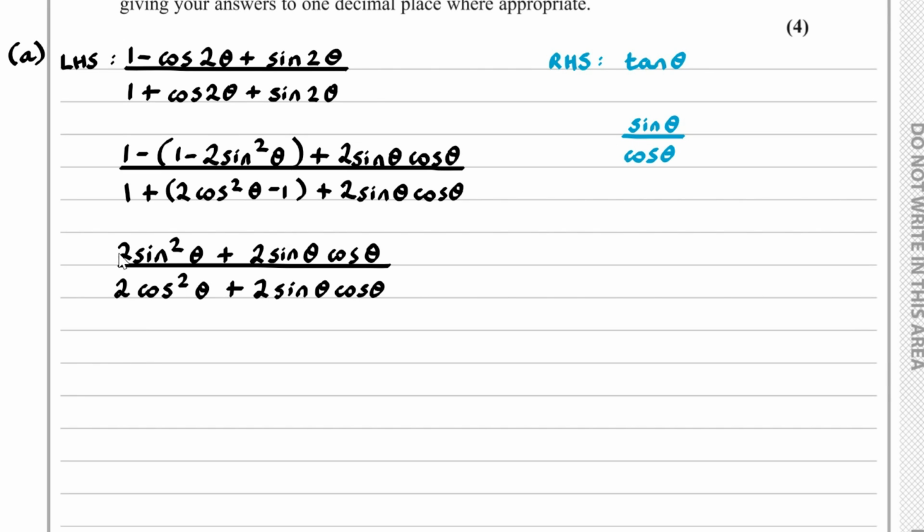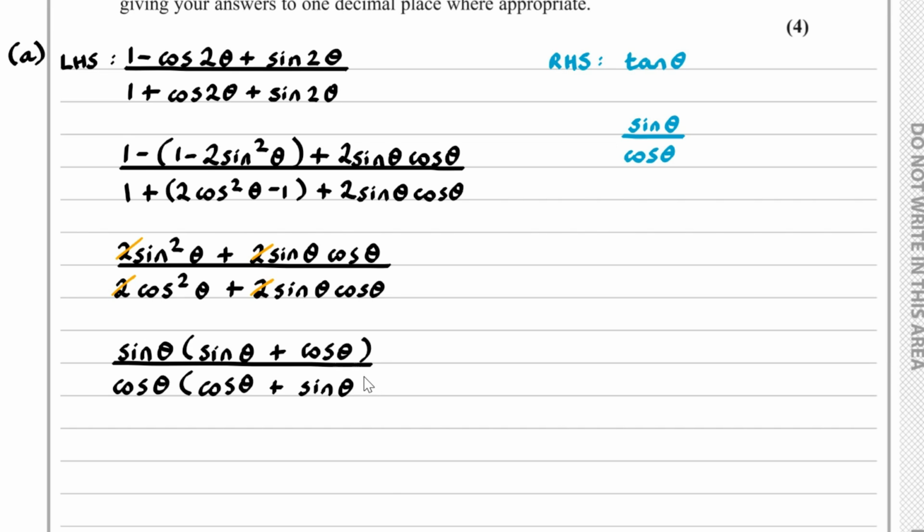If on the top I factorise out a sine theta from both terms, we've got sine theta lots of sine theta plus cos theta, and on the bottom, if I factorise out cos theta, we've got cos theta lots of cos theta plus sine theta.